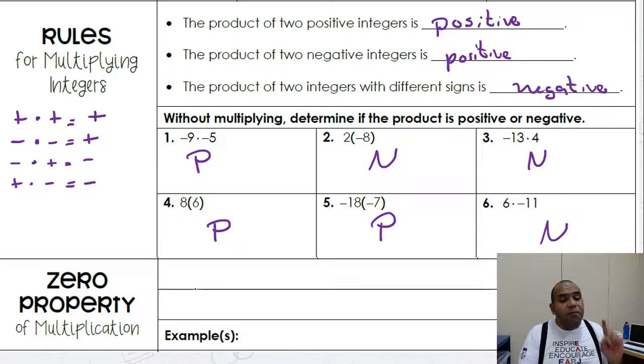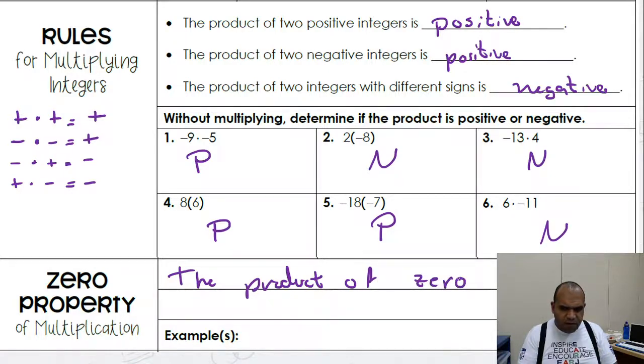Zero property. Remember the zero property. What is it? The product of 0 and any number is always 0.